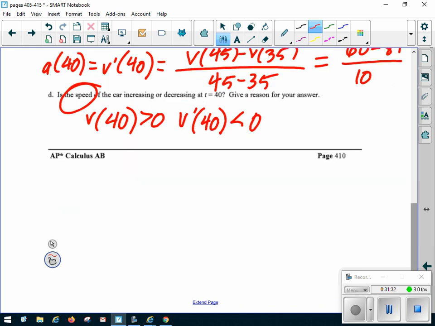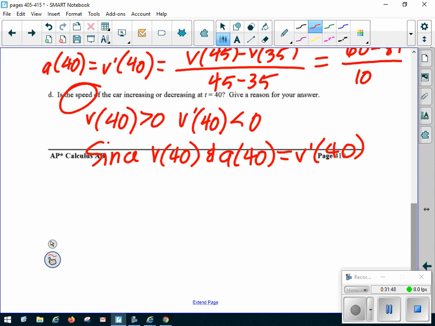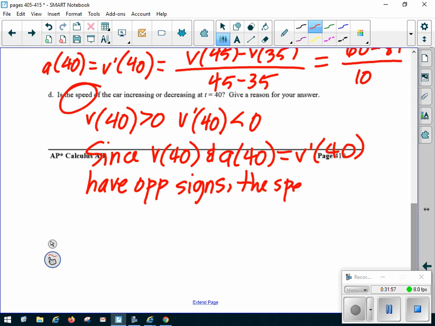So, since v of 40 and a of 40 have opposite signs, the speed is decreasing at time 40.